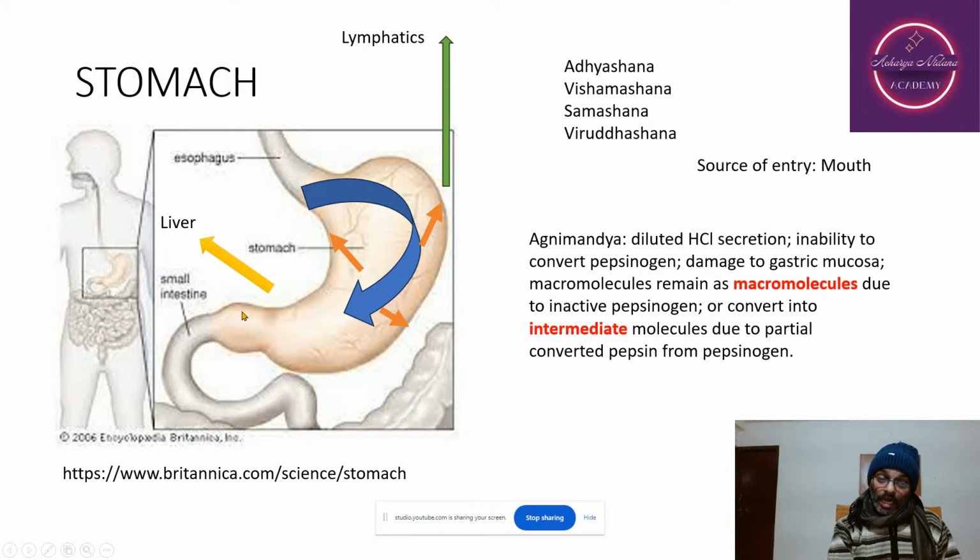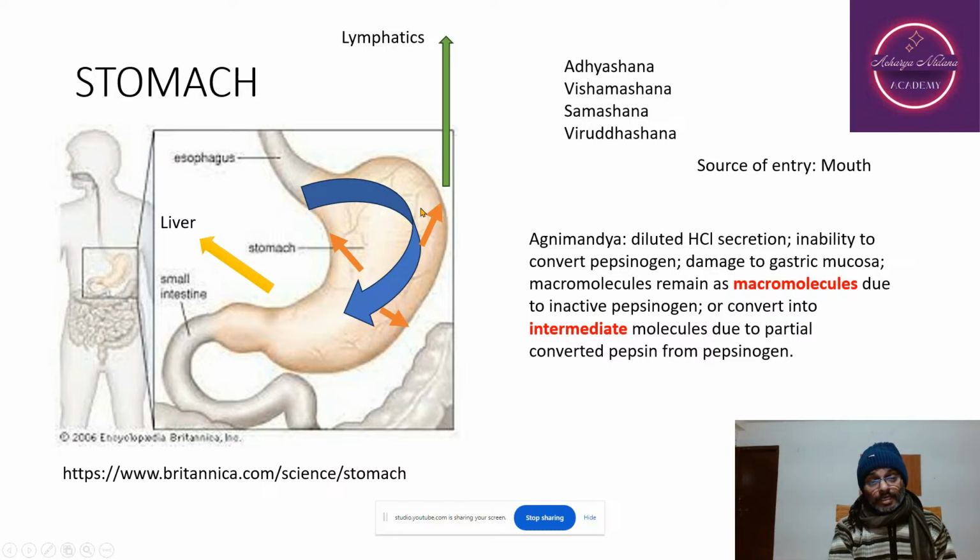After 2 hours, the pyloric antrum is going to open, and the molecules present at the distal end start moving first, whether they are macromolecules or intermediate molecules. After that, the macromolecules or intermediate molecules present on the greater or lesser curvature start to enter into the small intestine.